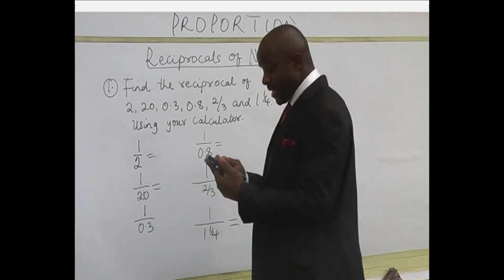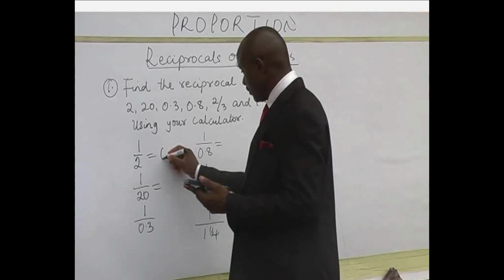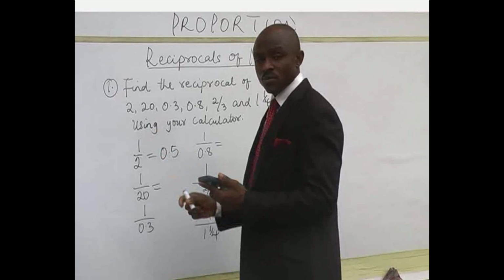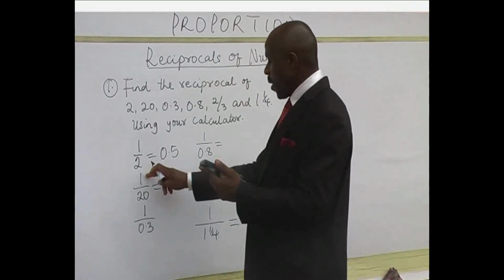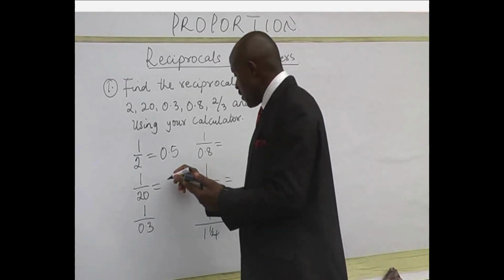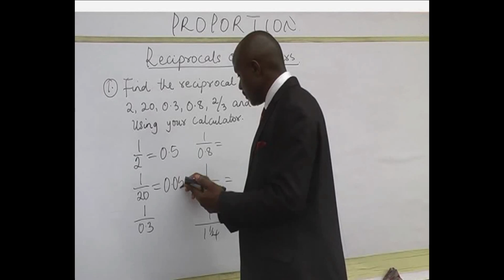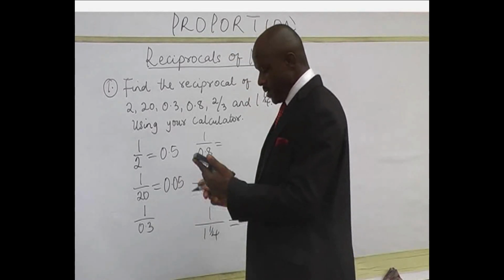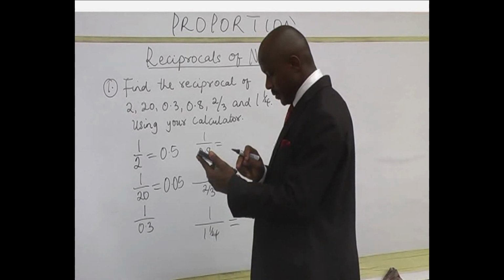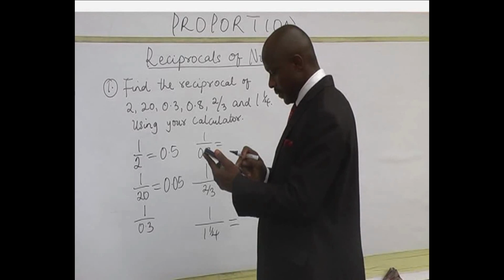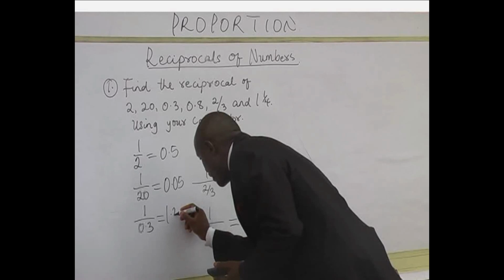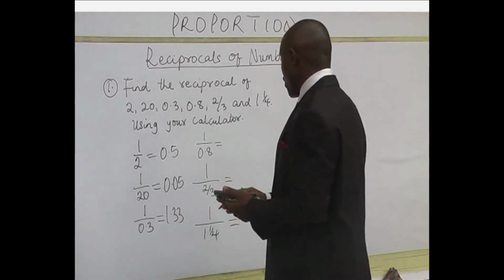1 over 2, even without calculator, you know is 0.5. So that means 0.5 is the reciprocal of 2. 1 over 20, 1 divided by 20 is 0.05. 1 divided by 0.3 is giving us 1.33 reoccurring.